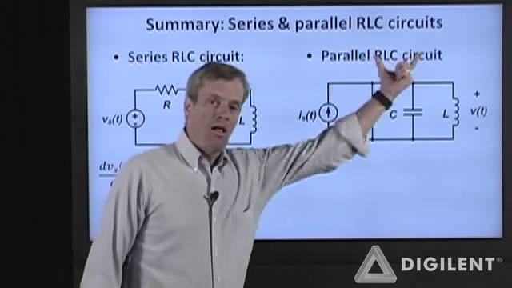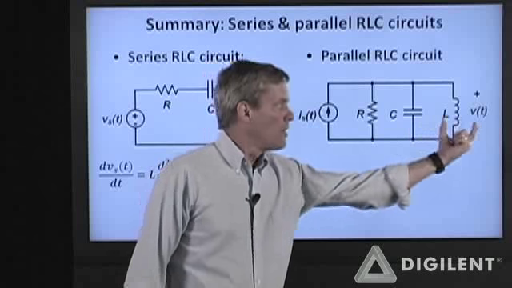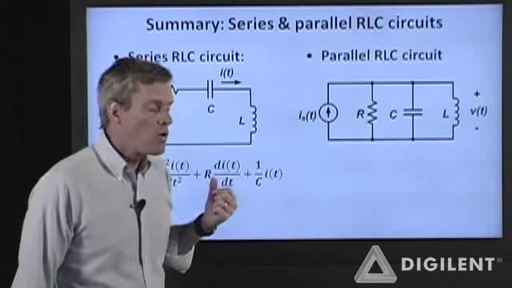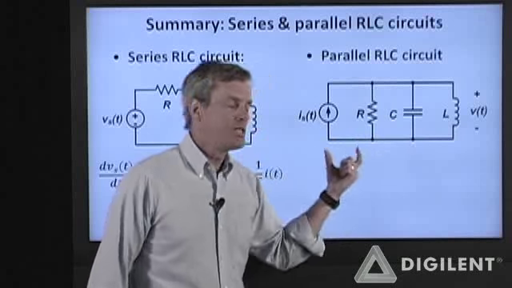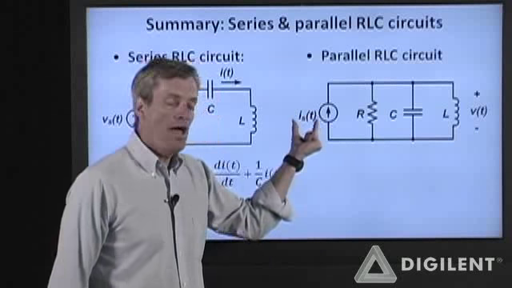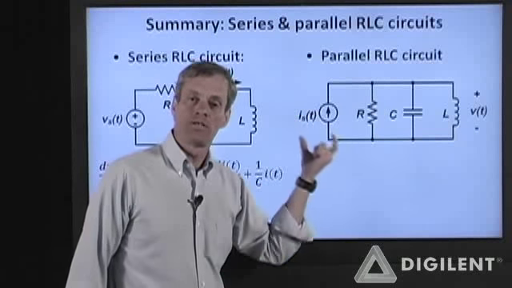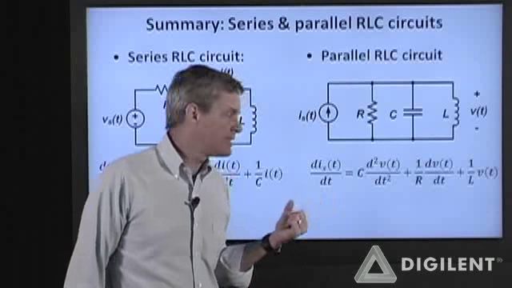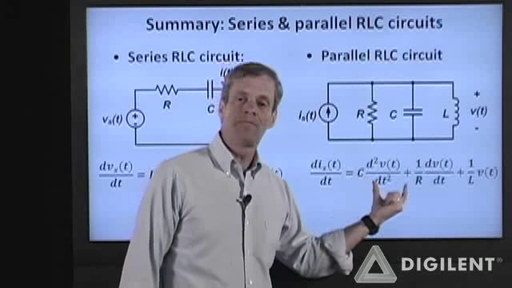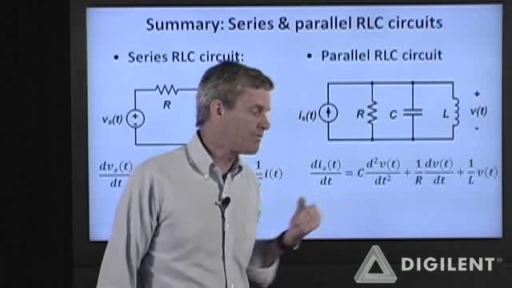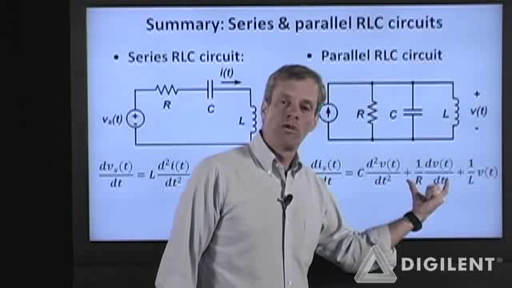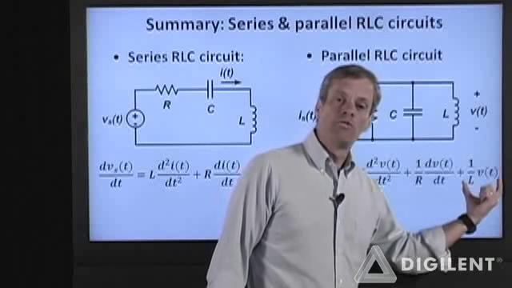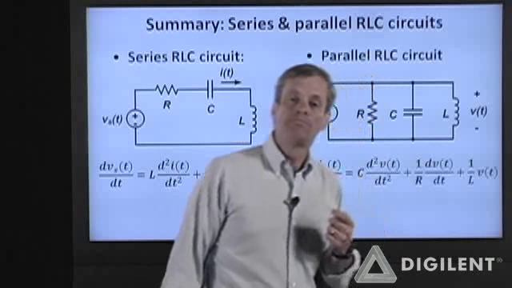For a parallel RLC circuit, the parallel elements all have the same voltage difference. The governing differential equation that related voltage to our current source for this circuit was the derivative of the source current with respect to time is equal to C times the second derivative of voltage with respect to time plus 1 over R times the first derivative of voltage with respect to time plus 1 over L times the voltage itself.